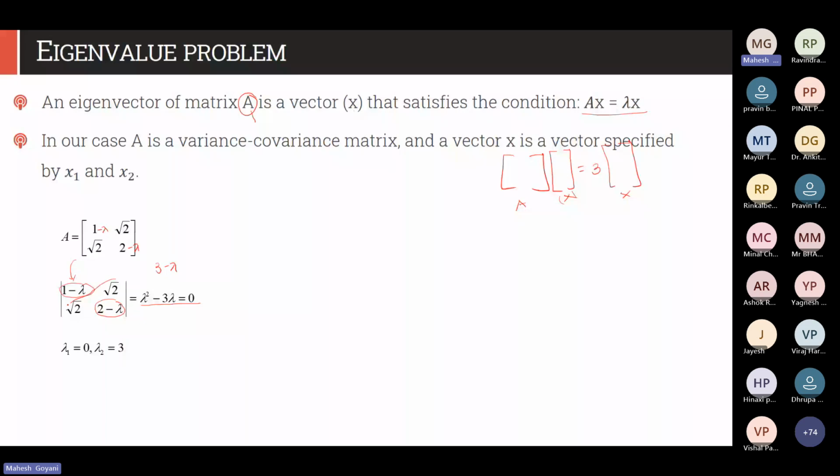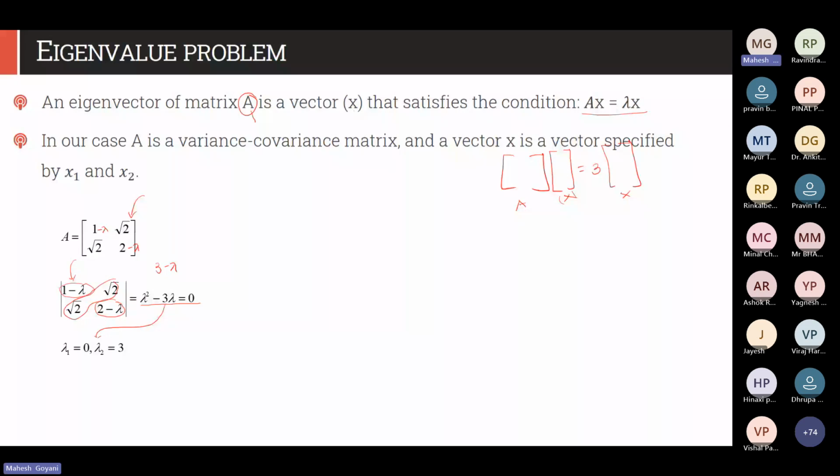When you solve that, it will be lambda square minus 3 lambda is equal to 0. This is a quadratic equation, and when you solve it, we get two values for lambda: lambda 1 is equal to 0, lambda 2 is equal to 3. That means two eigenvectors are possible for this matrix. If your matrix is m by m, then m different eigenvectors are possible. Let us find out how to find those eigenvectors now.